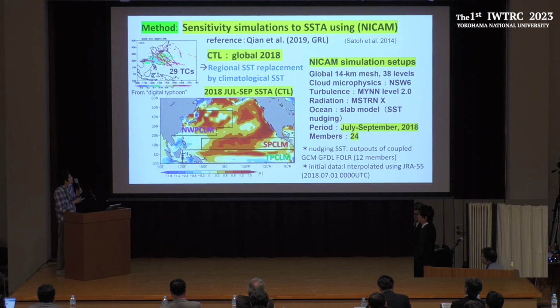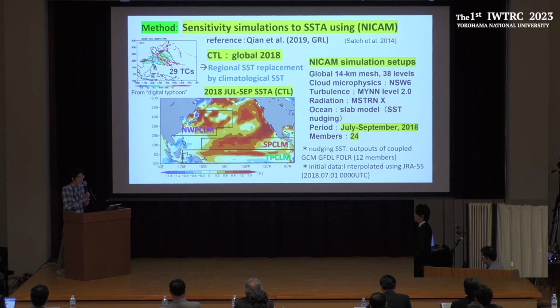In this situation, tropical cyclone activity was above normal over the Western North Pacific. In the sensitivity experiments, we replace the regional sea surface temperature anomaly in the subtropics and tropics, and also the whole area.